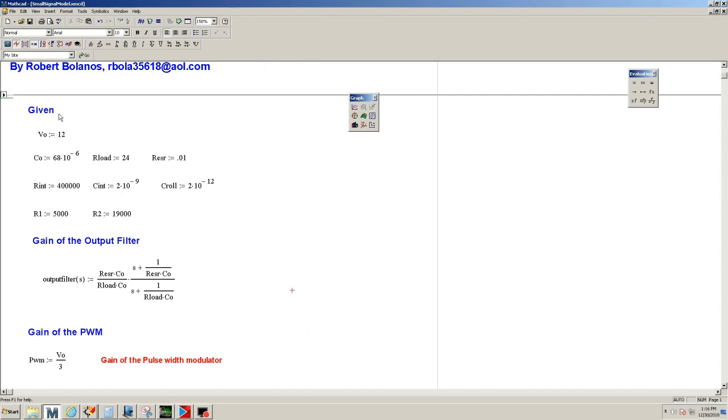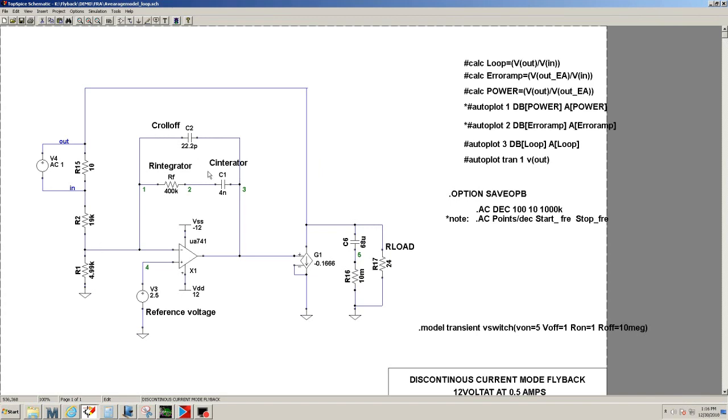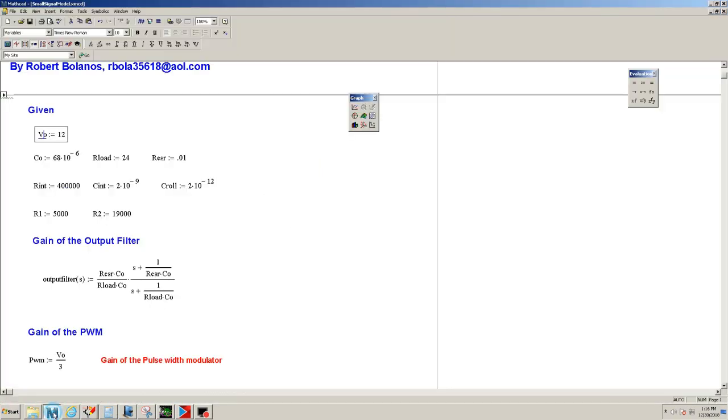Anyway, here I put the values that I had already calculated or have in my SPICE simulation. These values are coming from here. Here are my values. Here is my output capacitor, my load ESR.